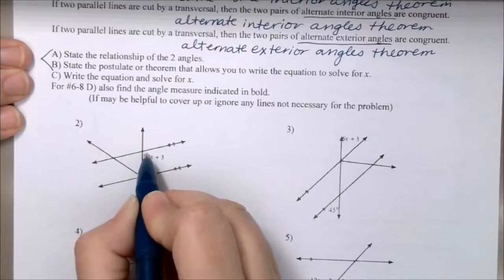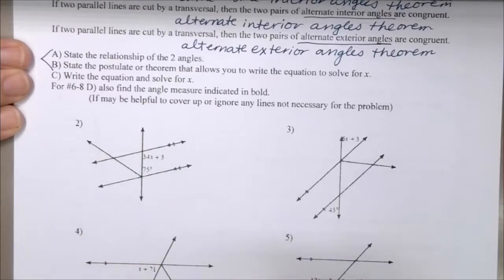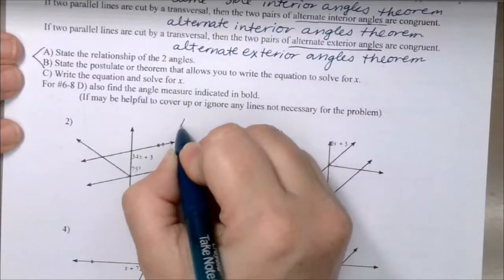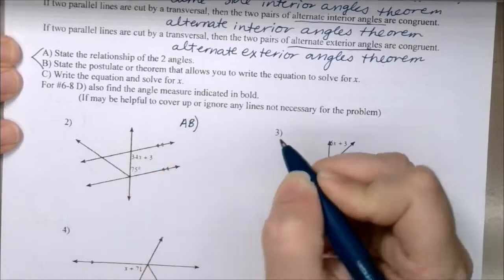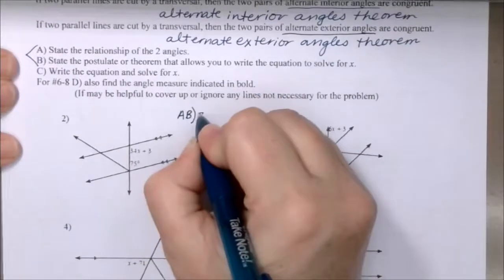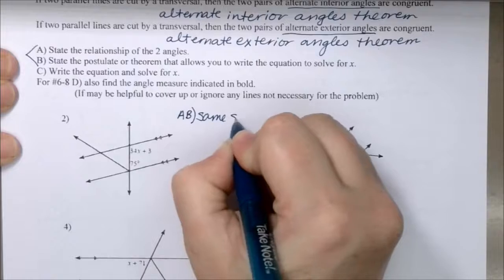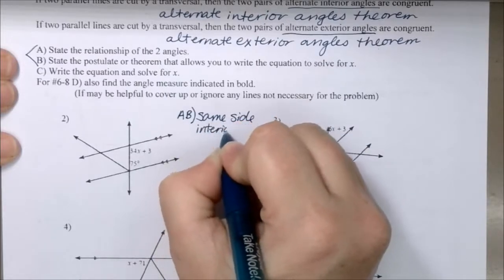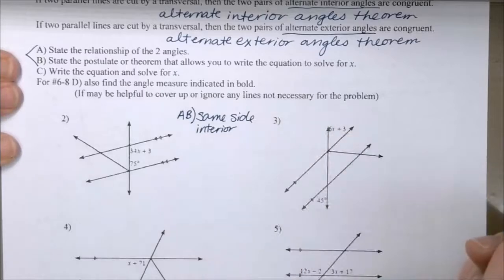Are they supplementary? Yes, they're consecutive, but are they supplementary or congruent? It should say right up here: same side interior are supplementary. So I state same side interior, and I want you to state supplementary. That tells me why you're going to set up the equation.